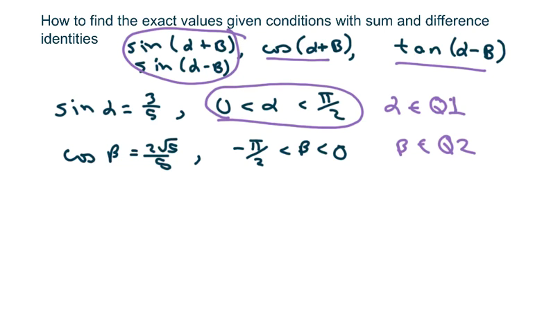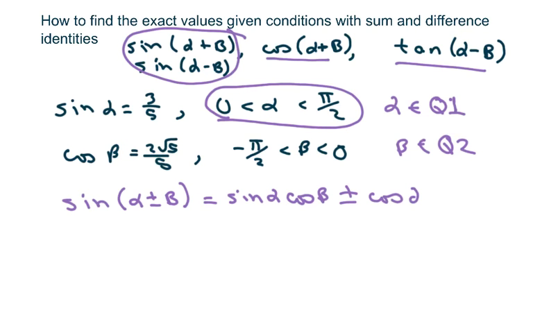Now, for our information for the first one, what I'm going to do with sine, I'm going to write it as alpha plus or minus beta so I can save time. So that's going to be sine of alpha cosine of beta plus or minus cosine of alpha sine of beta.